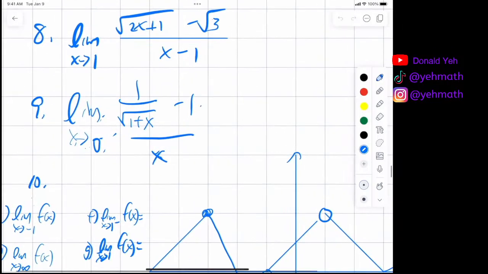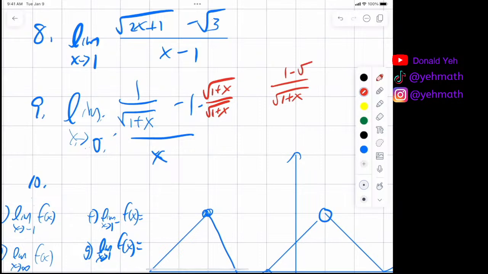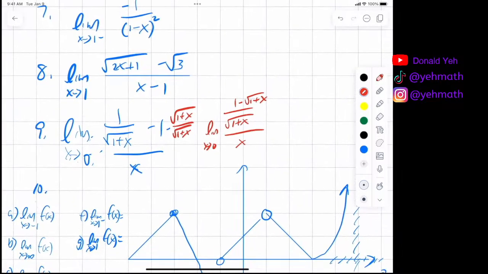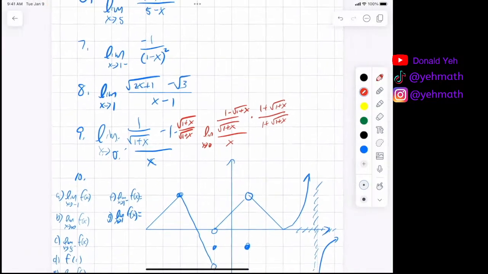Number 9, just multiply this by 1 plus x over 1 plus x. So it'll be 1 over square root of 1 plus x, minus 1, all over x, when the limit as x approaches 0. And you can multiply by the conjugate, just the top.